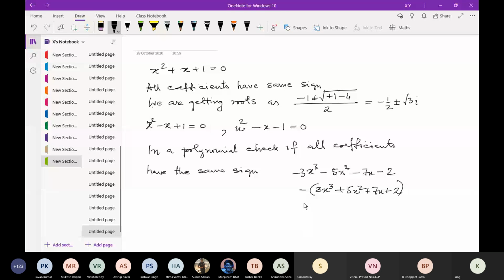So if in a polynomial we check and find all the coefficients of the same sign, then right now we do nothing about it.